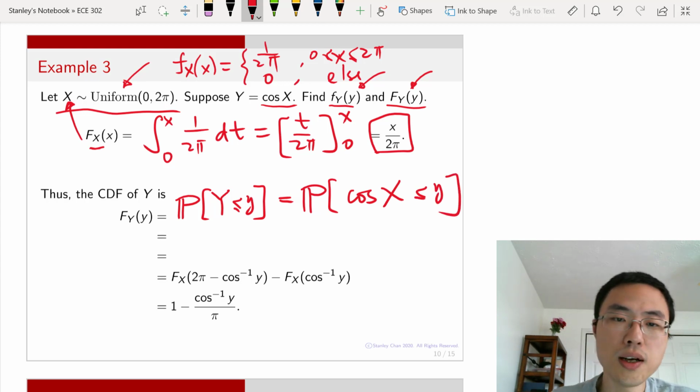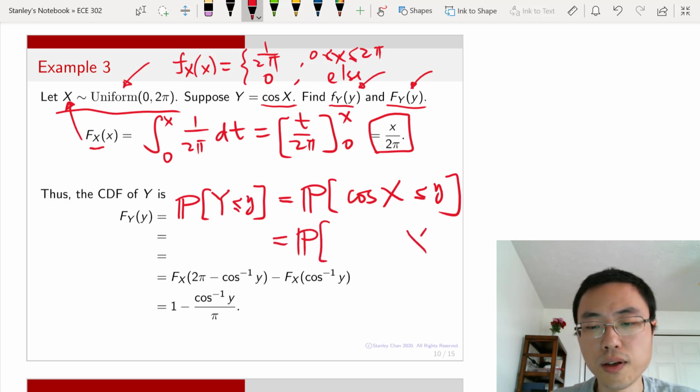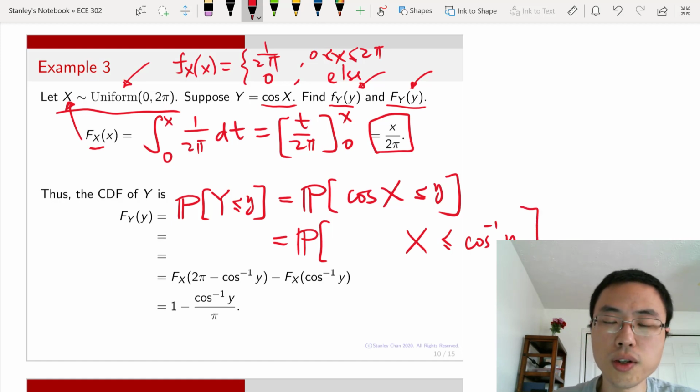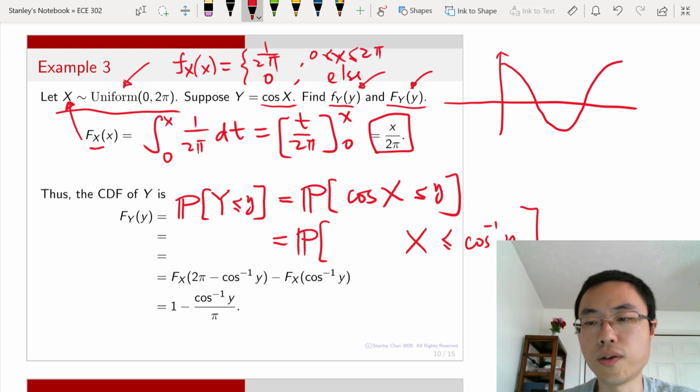Okay, so now there is a little thing here we need to worry about, because if you have a cosine function, well, of course, you can take arccosine on y, right? So that is of course true, but this cosine function is also a little bit tricky in the sense that you have this thing going on.